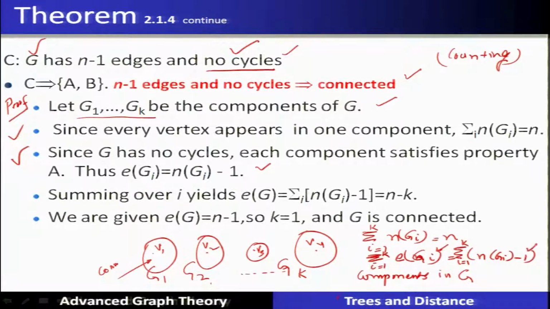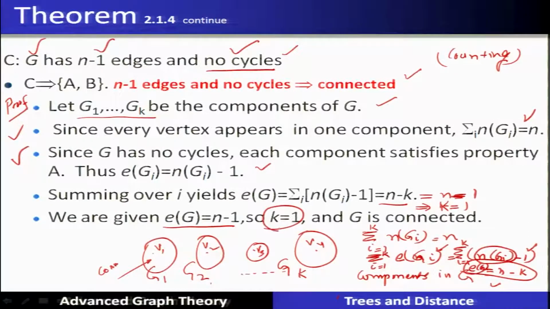So, here this particular factor will introduce k, and this factor is already known as n. So, the total number of edges here will be n minus k. Now, we are given that this particular graph has n minus 1 edges, and we have counted that it becomes n minus k. So, n minus k equal to n minus 1 implies that k is equal to 1.